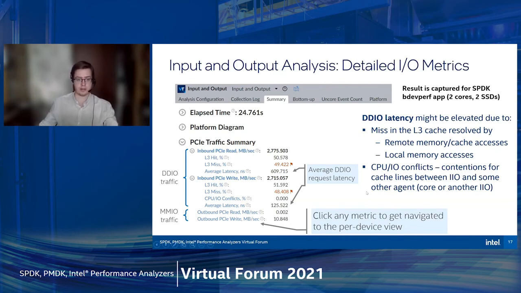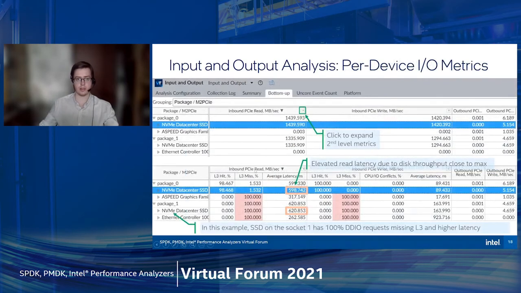As I said, this is the summary for the whole platform, and if you want to see the breakdown by end device, click any metric in this metric tree, and you will be navigated to the per device metrics. Here you can see both first and second level metrics. For example, I have 2 drives, and in the summary I see 50% DDIO misses.